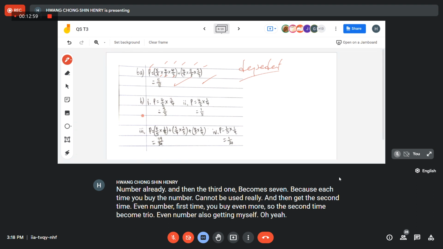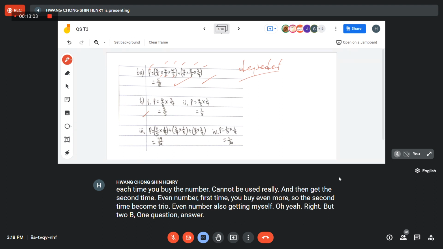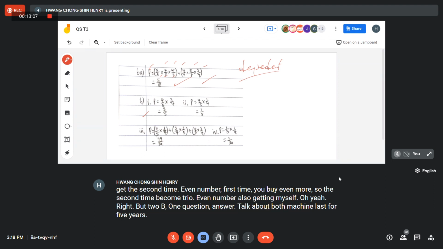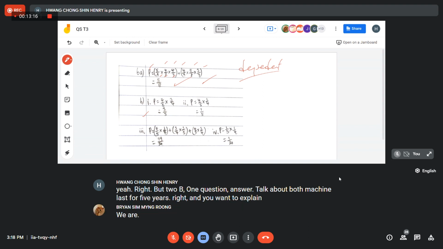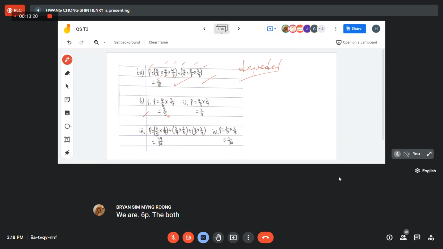Right, part 2, B1. What's your answer? Both machines last for 5 years. Brian, you want to explain? 6B. Both machines will last for 5 years.